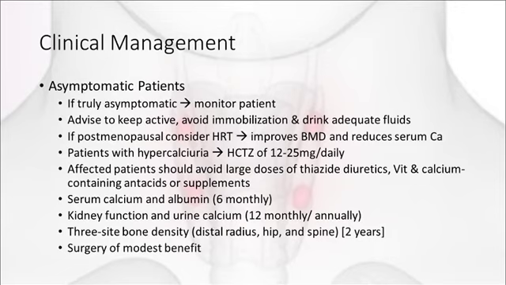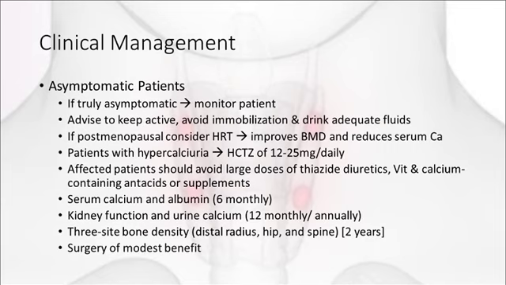Asymptomatic patients, if they are truly asymptomatic, we only need to monitor them. Remember that in order for them to be classified as asymptomatic, we must have been very consistent, very persistent, and very thorough in our examination of all of their symptoms, to make sure that they do not have any symptoms.